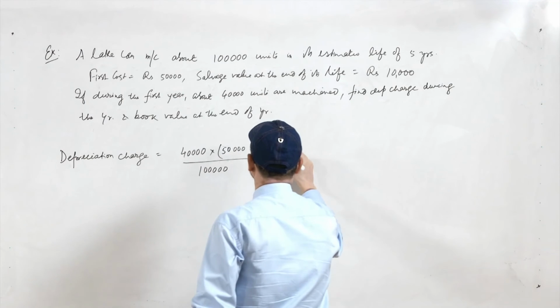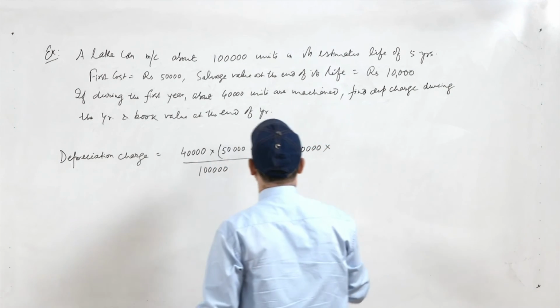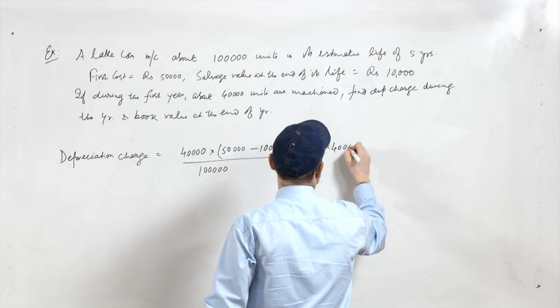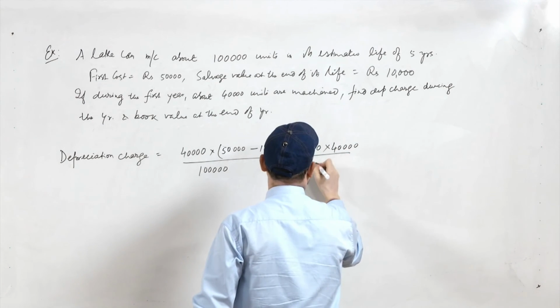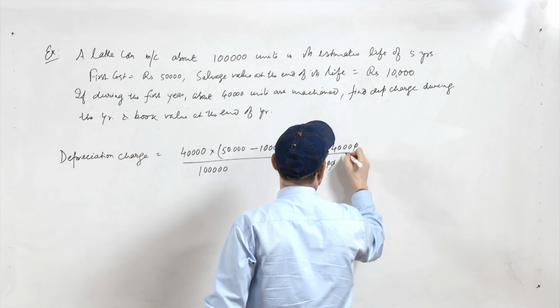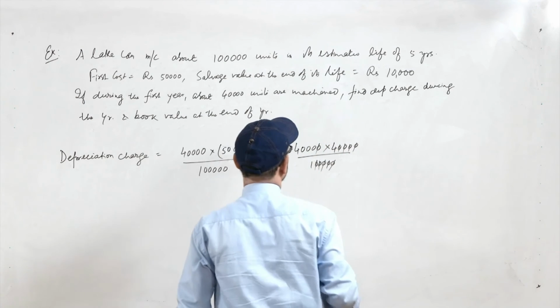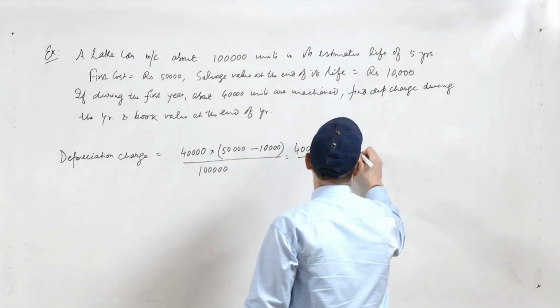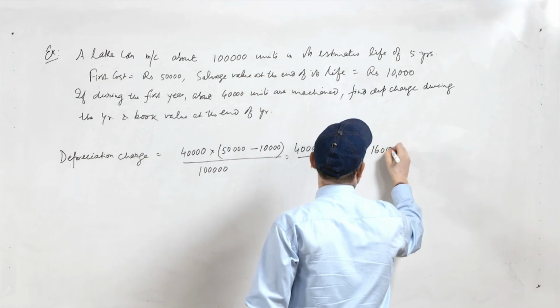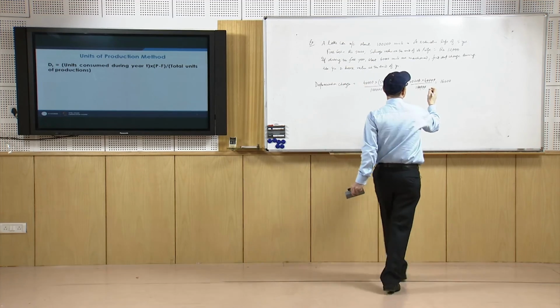So it will be 40,000 multiplied by 40,000 divided by 1 lakh, which is 16,000.